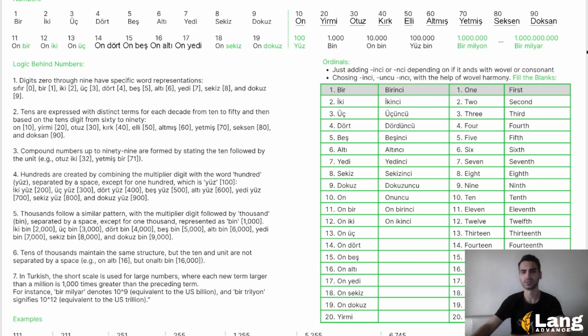You will practice in a fun way. Alright, so hundreds are created by combining the multiplier digit with the word 100.